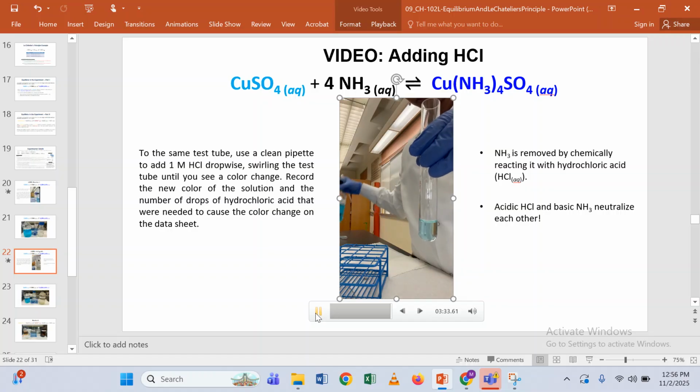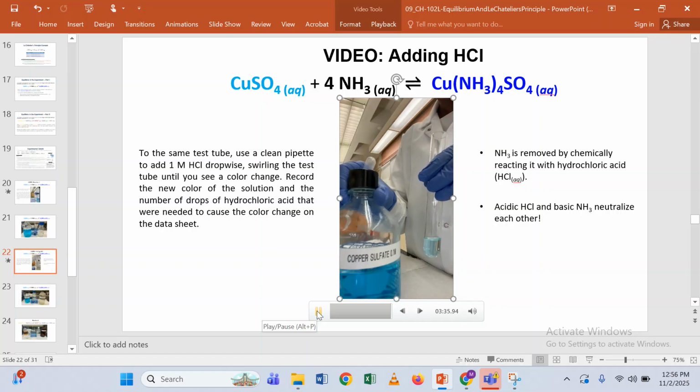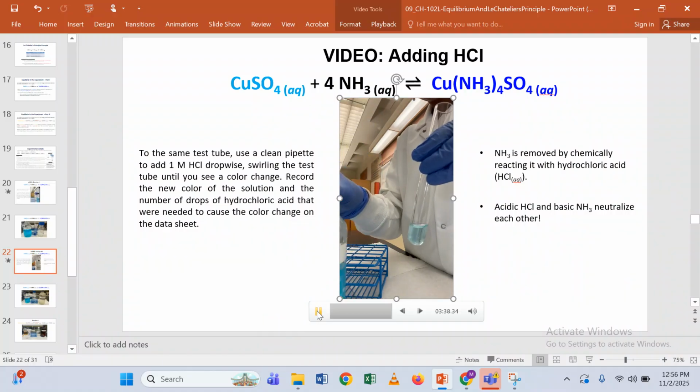All right, and the experiment is over. Look at that. We're back to the original color.